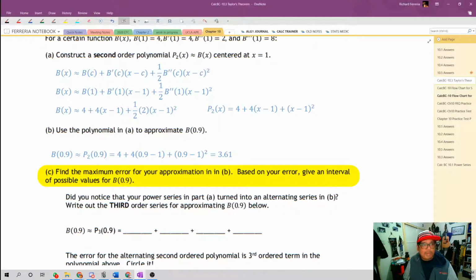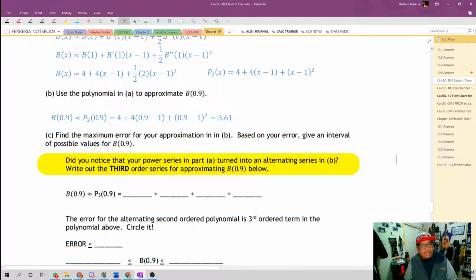Directions for part C are to find the maximum error for our approximation in part B, and then based on that maximum error, we're going to give an interval of possible values for b of 0.9. So we didn't write everything out, and maybe we should, because we're supposed to notice that we created an alternating series. Let's take a close look at the terms of the series for P2.